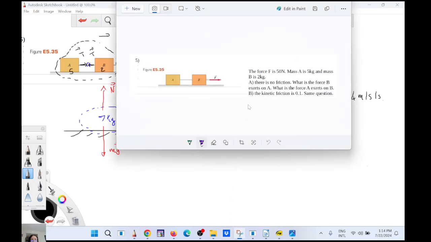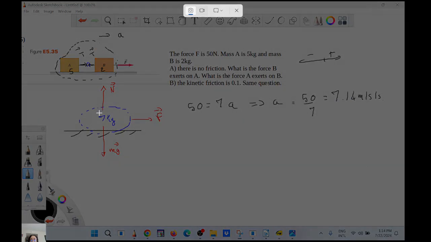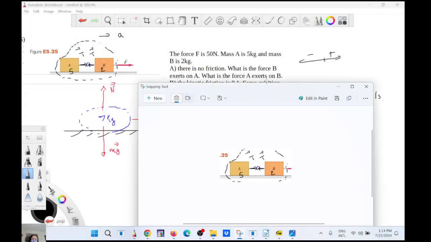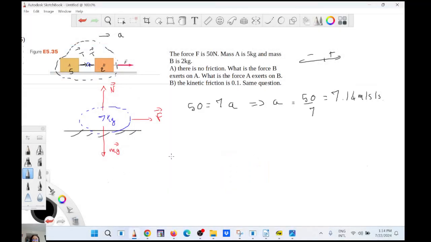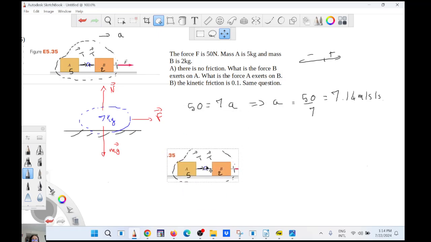So I take my block here. Second step, I'm going to focus only on this one, so in my bag now I'm just going to put this here.